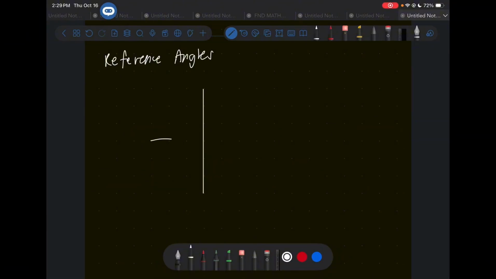For example, here's your Cartesian coordinate plane. What if you have an angle of, let's say, 150? So this is 150. 90, 0, 270, 180. What are the trig functions of that?